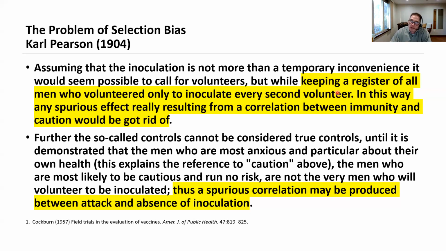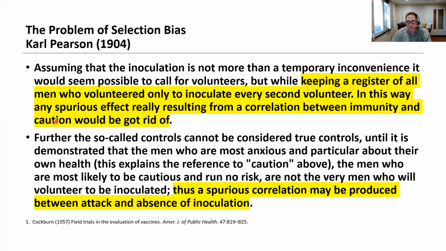And in his view, in this way, any spurious effect resulting from a correlation between immunity and caution would be gotten rid of. Immunity is something innate about the patient that they bring to the trial, and caution is an attitude of the patient relative to whether or not they should get a vaccine.